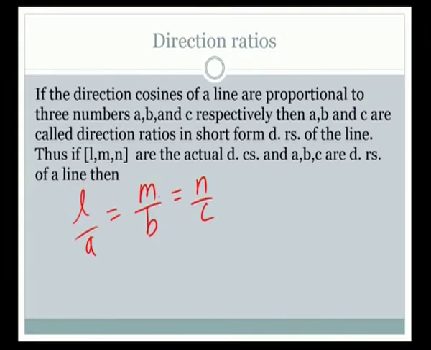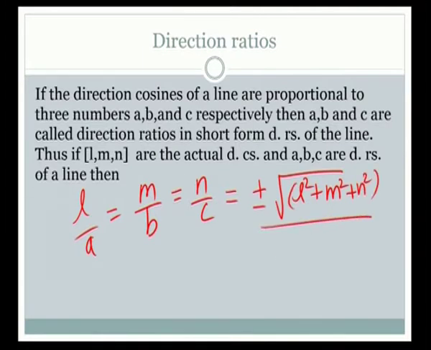Here l, m, n are the directional cosines. This a, b, c are the numbers to which the directional cosine is proportional, which is equal to plus or minus square root of l square plus m square plus n square over square root of a square plus b square plus c square.